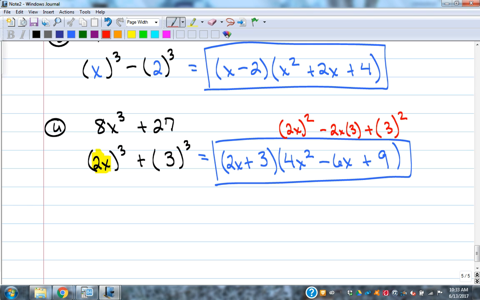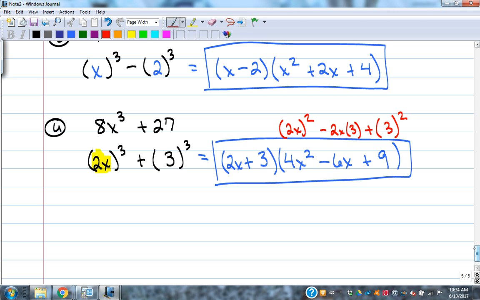That's where those are coming from to get those pieces. Always going to be that pattern. The front part's going to be the front piece. Square it. The back part's going to be the back piece. Square it. The middle, multiply them together. Change the sign. Always going to be there in the long piece.